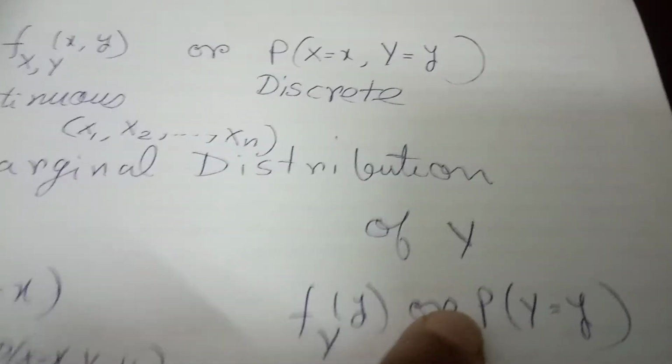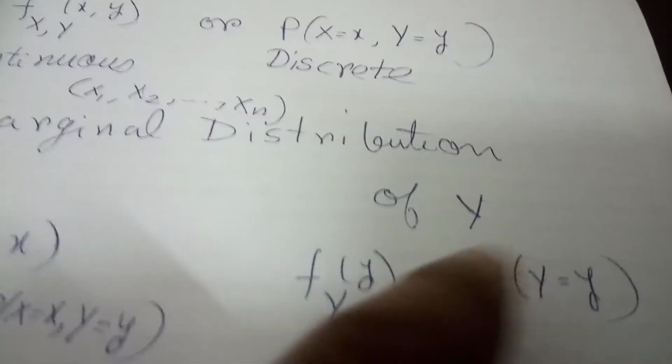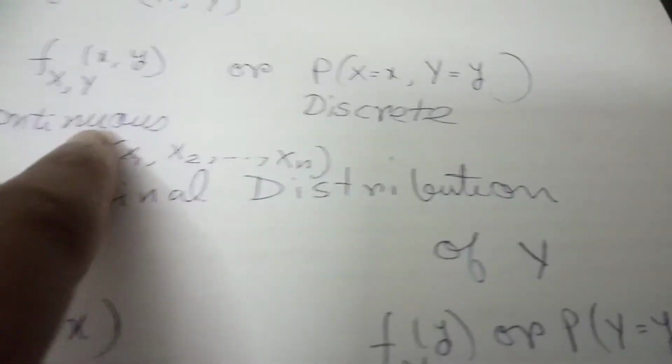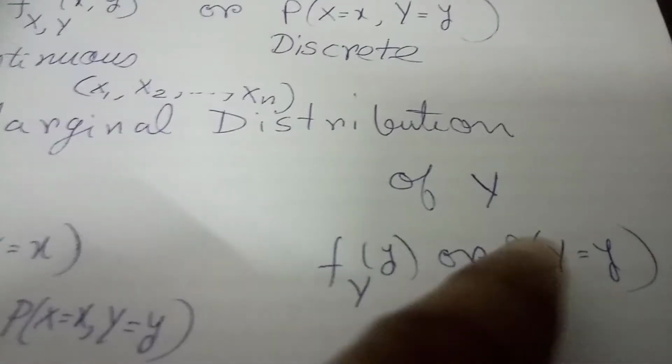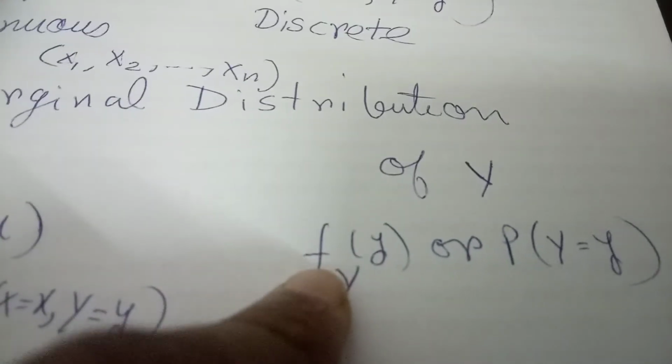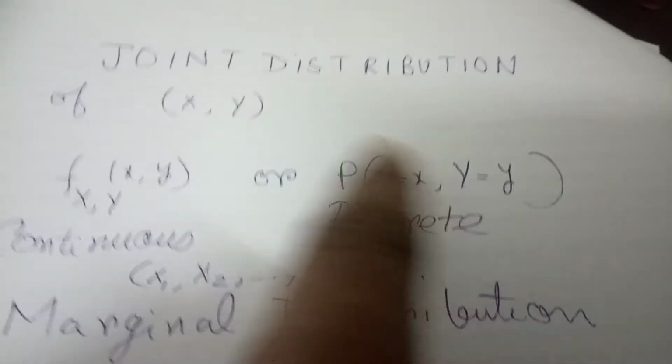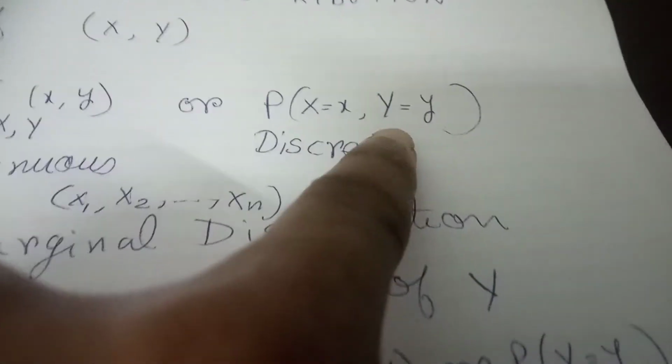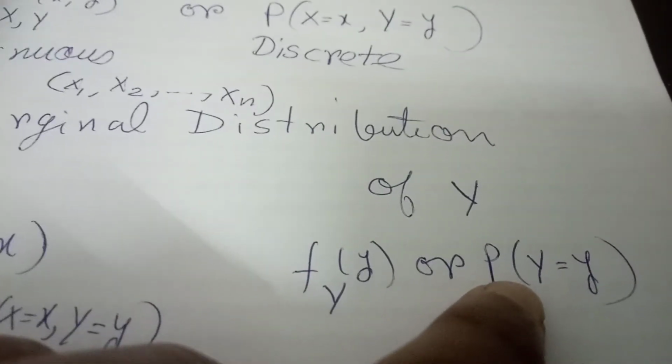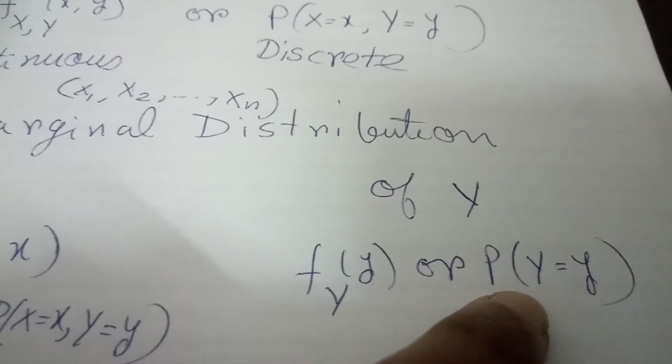I leave it as an exercise to complete this part. That is, if I give you the joint density, from there get me the marginal density of y. Or if I give you the joint PMF, the joint distribution of x and y when they are discrete, then get me the marginal probability of y.